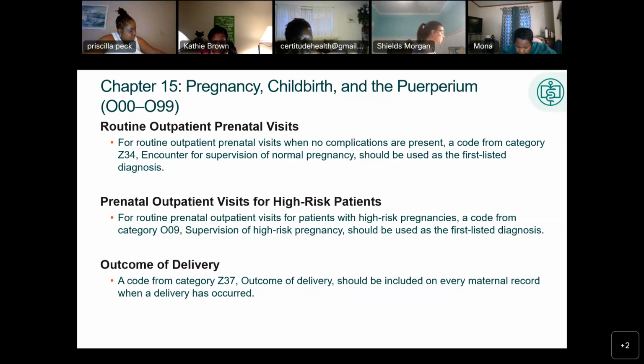But also highlight 15A dot 1, 2, 3, because those are going to be ones you'll want to reference back to.